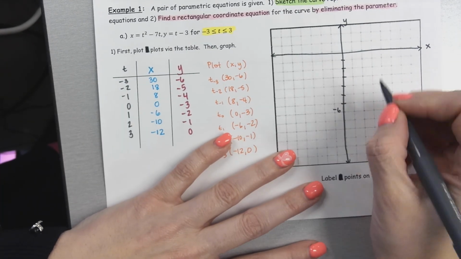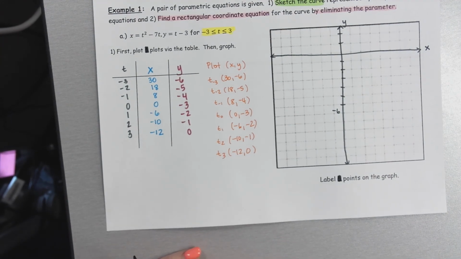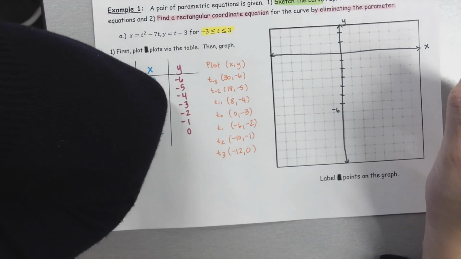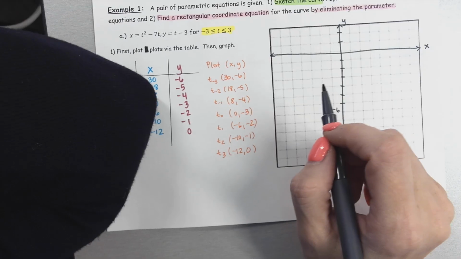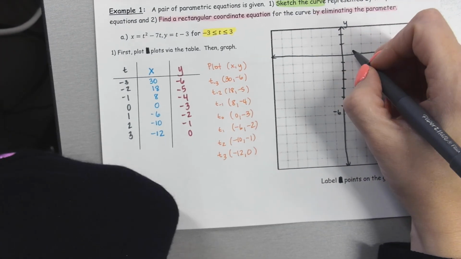okay, we can go by 1s on the y's. Oh, I should have counted with my x's to make sure that I had these the right way. Okay, so let's determine what we're going to scale by.